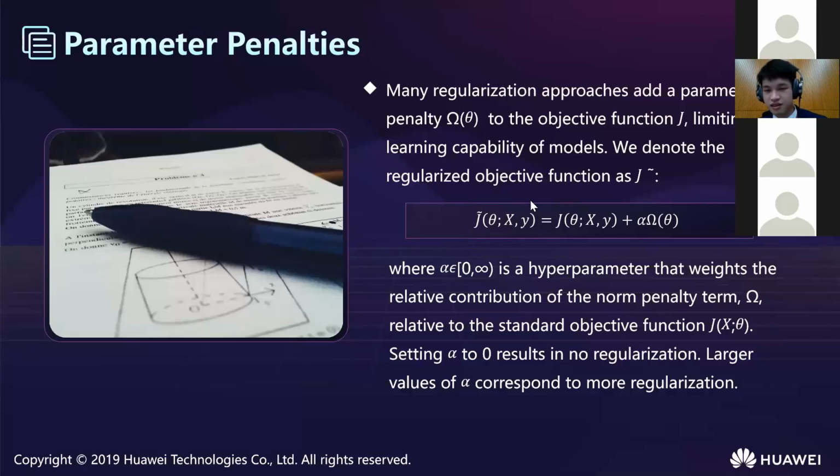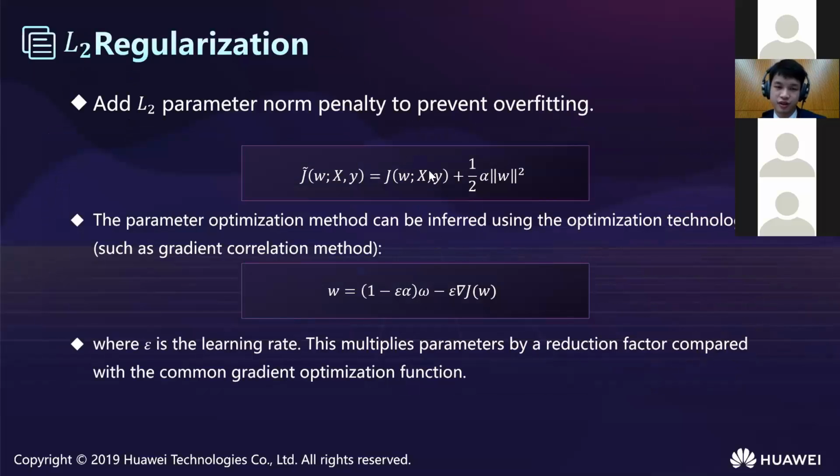It means that we have the original loss function, and we can use one penalty item to reduce the overfitting problem. According to the kinds of penalty, we can divide it into the L2 norm.